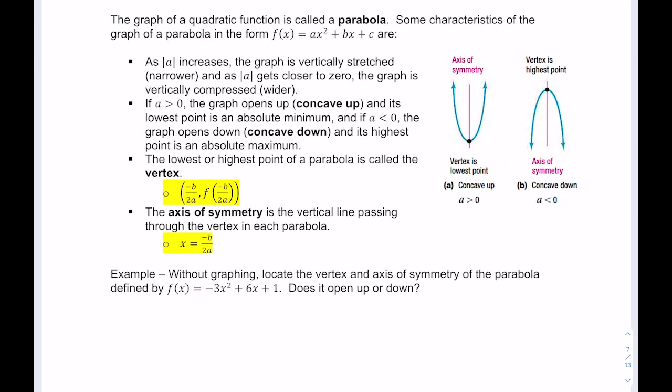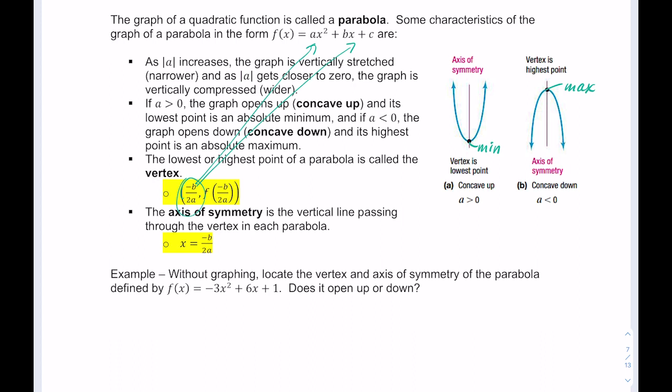One way to find the vertex, when you have your equation in standard form, ax squared plus bx plus c, I can use the formula to find x, negative b over 2a. And if I want to find the y value of the vertex, I would just plug in what I found for x into my function, and that would leave me with my y value.